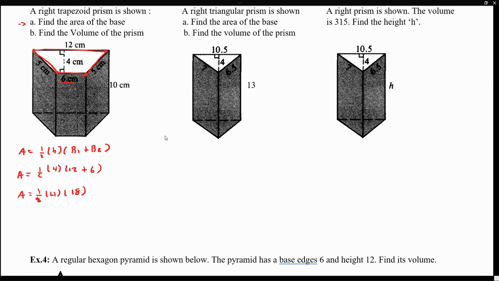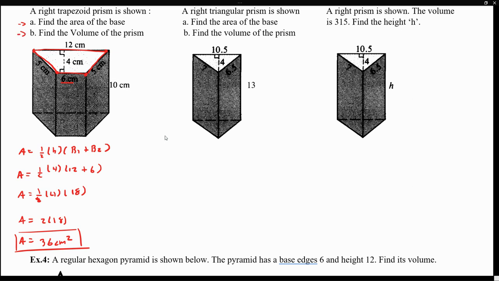So now 1/2 times 4 is 2, times 18. Therefore the area is equal to 36 centimeters squared. So we know that the area of the base is equivalent to 36 centimeters squared.